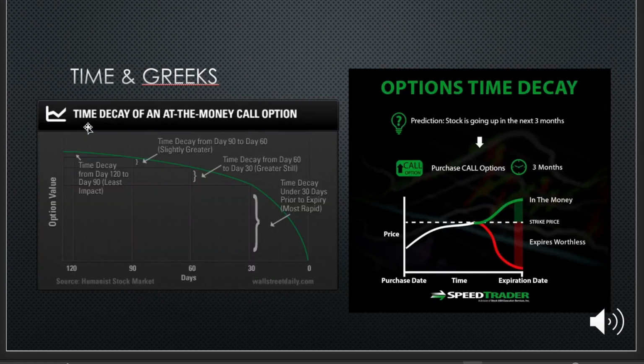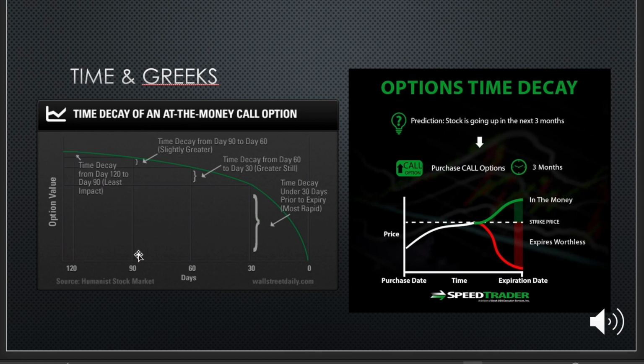And of course, there is time, which is represented by theta, which is one of the 5 Greeks. So there's theta, which is time, and delta, which is the change in the price. There's also vega, which is volatility, and other ones like rho. So the more important one of these, and the easiest one to grasp, let's say, is of course time decay, or theta.